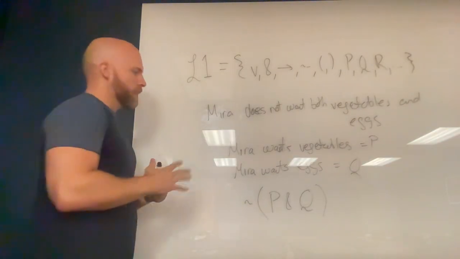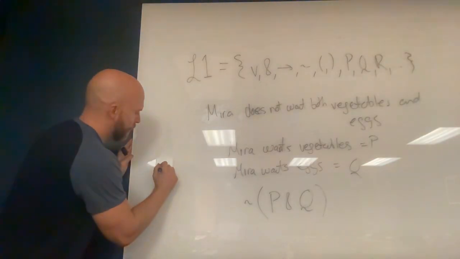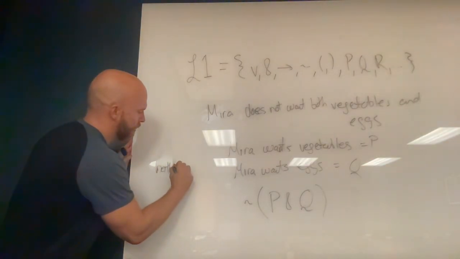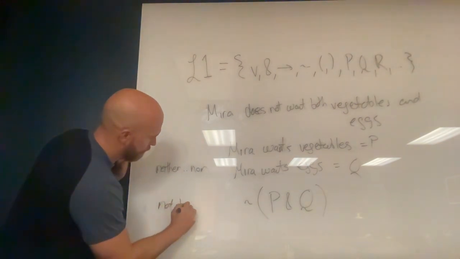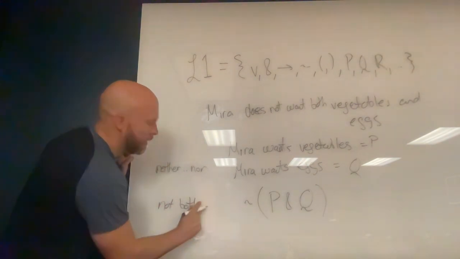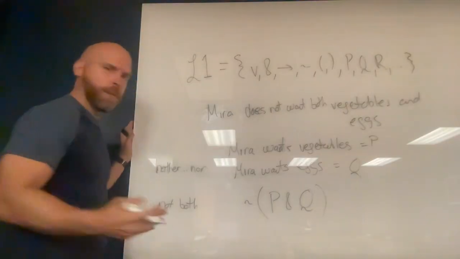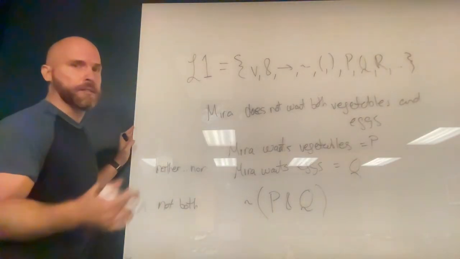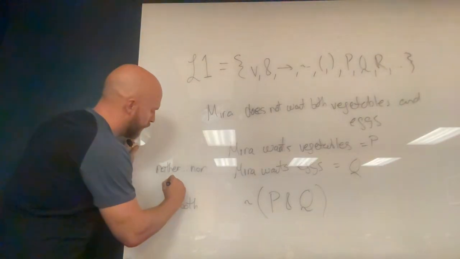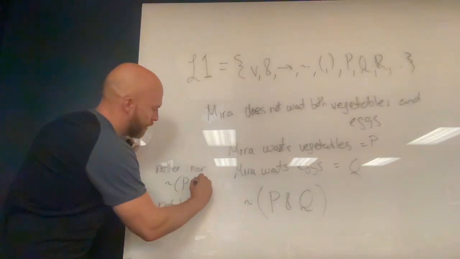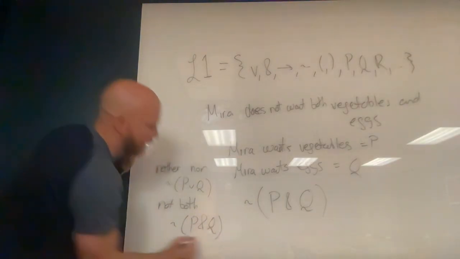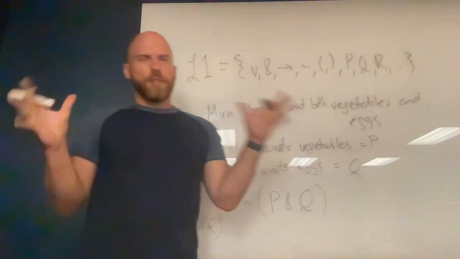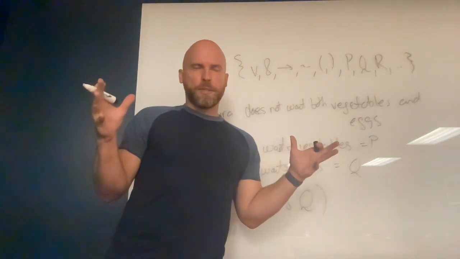So the important part here: when you see neither nor, and you see not both, we have some recipes that you can use to translate these into our L1. Neither nor is not P or Q, not both is not P and Q. Keep that in mind as you see these expressions in natural language.